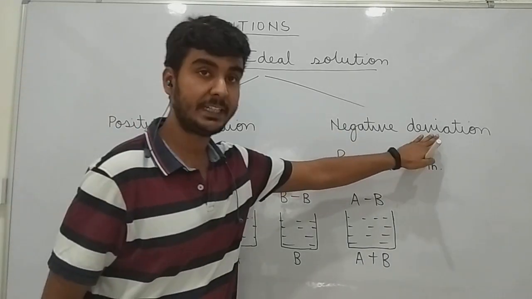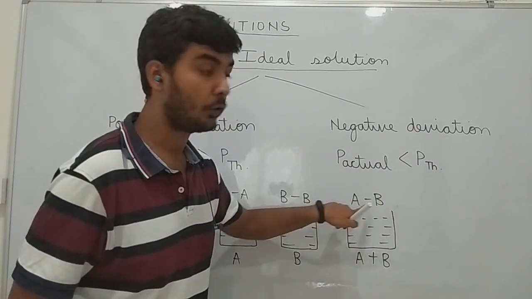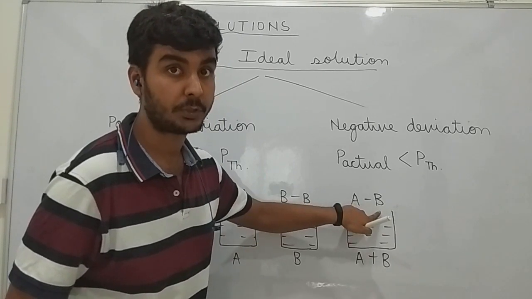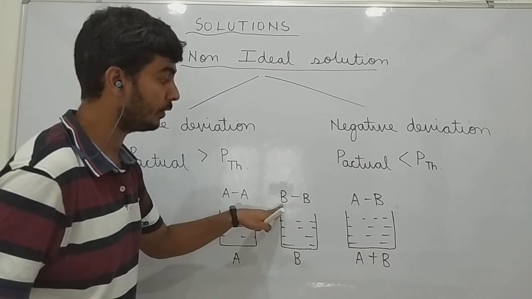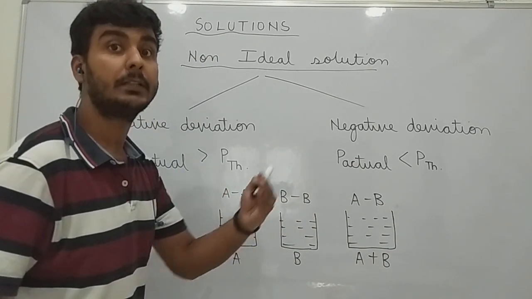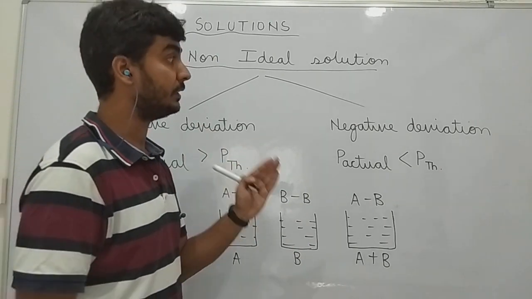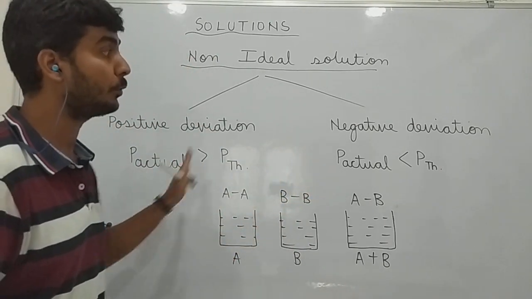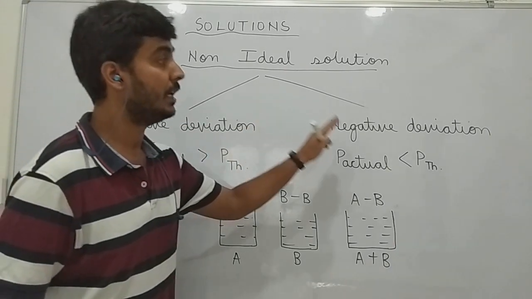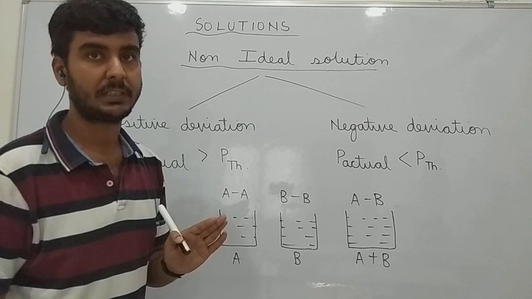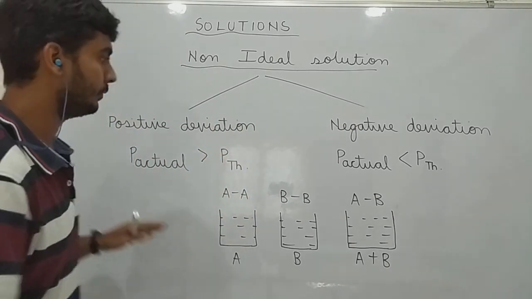And in case of negative deviation, the force of attraction between the molecules of the components forming the solution is greater than when they are present alone. So this is one property regarding solutions showing positive and negative deviation from Raoult's law. Now we'll be discussing two more properties of these types of solutions.